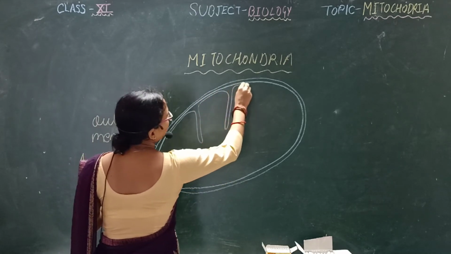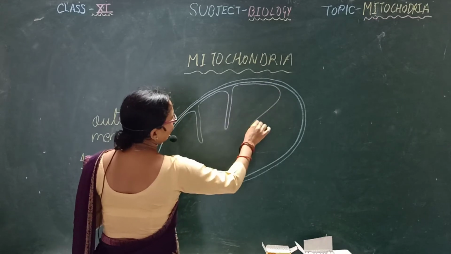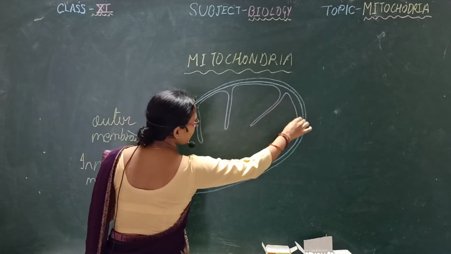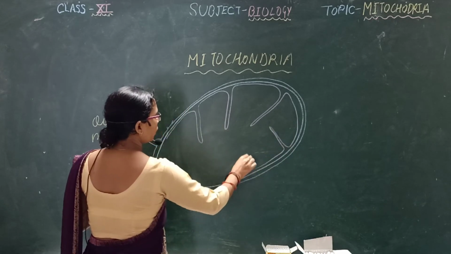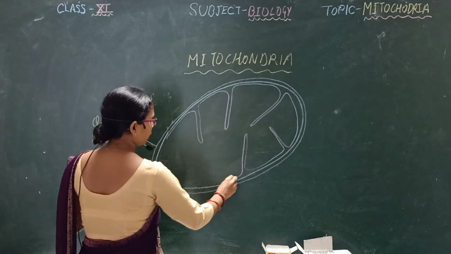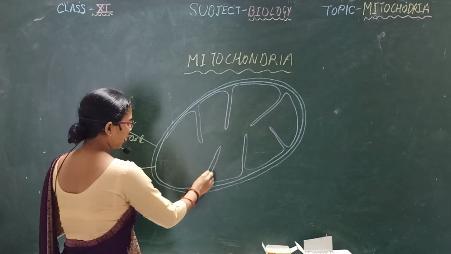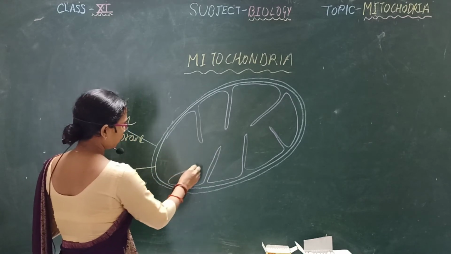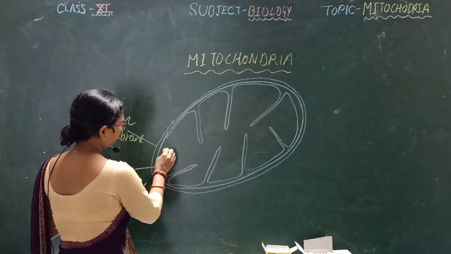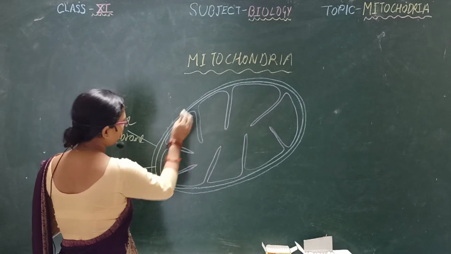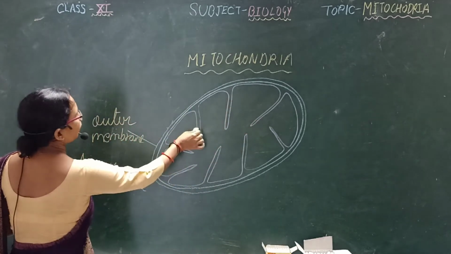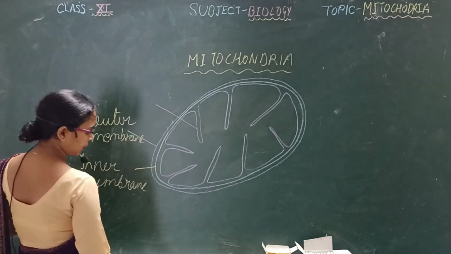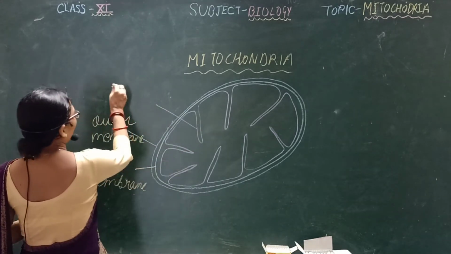These finger-like projections are known as cristae. Students, समझ में आ रहा है बेटा? Okay, all these are the cristae. It's a very special and characteristic feature of the mitochondria.